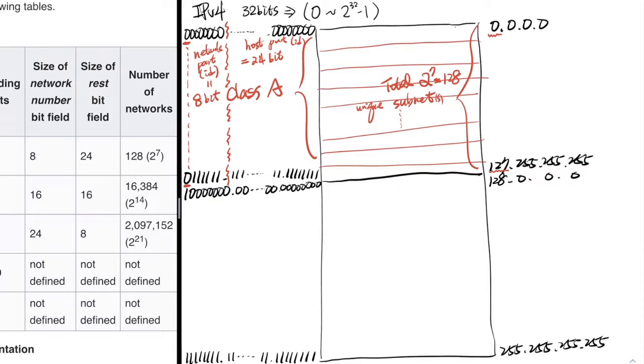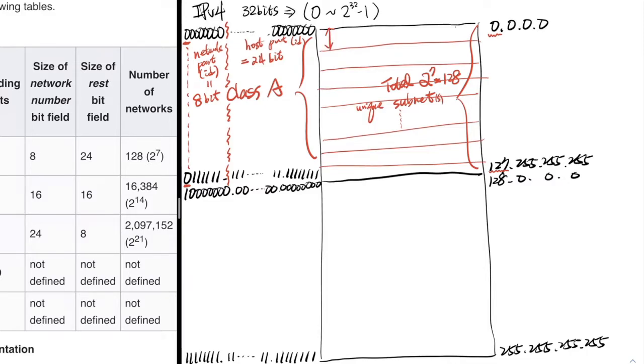So there should be 128 unique subnet network parts within class A. Although we have 8 bits that can be used to represent the network part, the very first bit is the same in class A, so we have only 7 bits that can uniquely identify different subnets. So in total we have 128 unique subnet IDs.